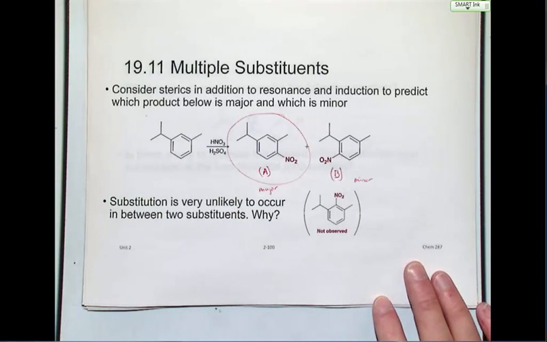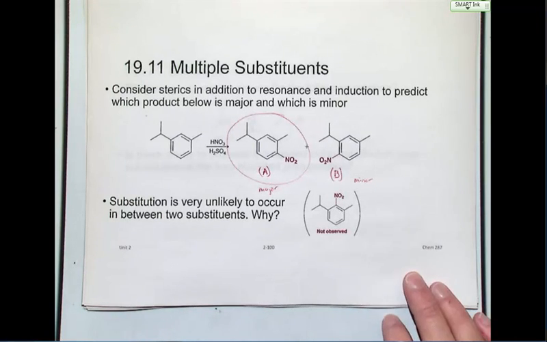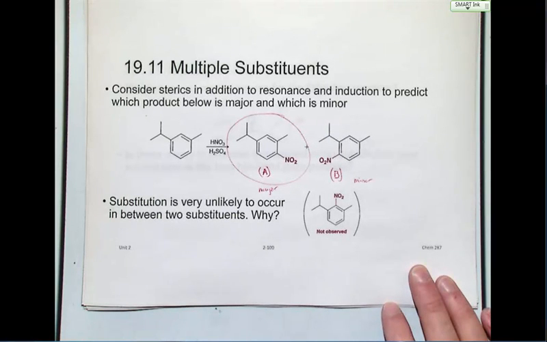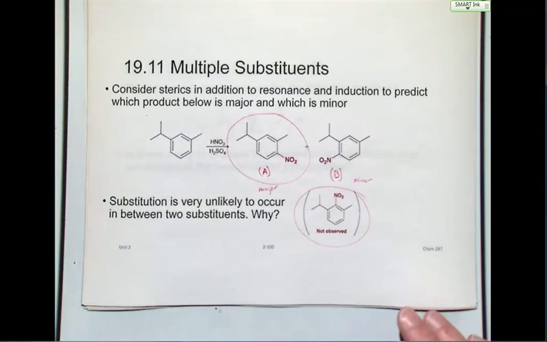I basically just picked the one farthest away from the most sterically demanding group because they're both ortho-para directors. And the one that's never observed is shown here because it's ortho to both, which would be really unlikely to do. But what if you wanted to make that?